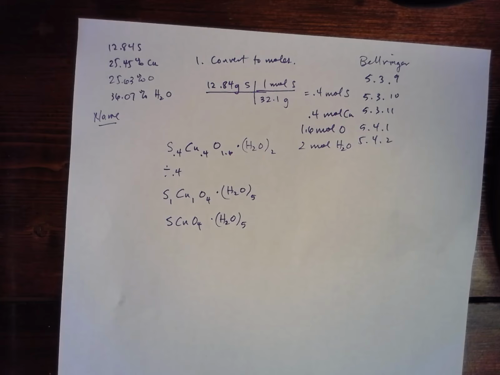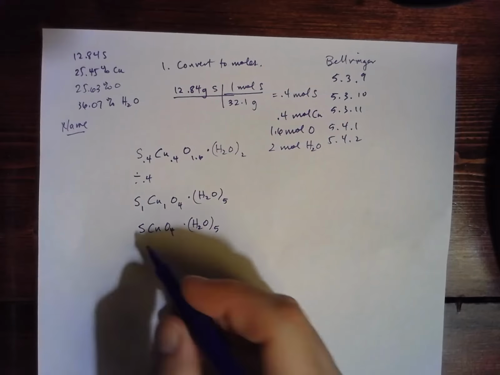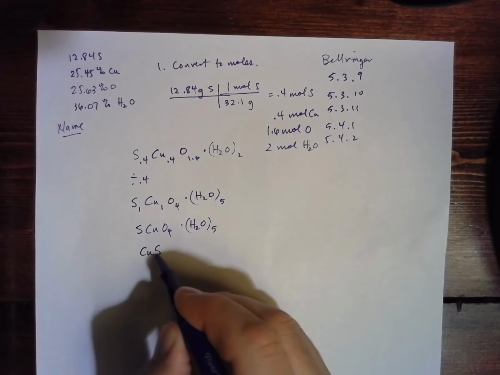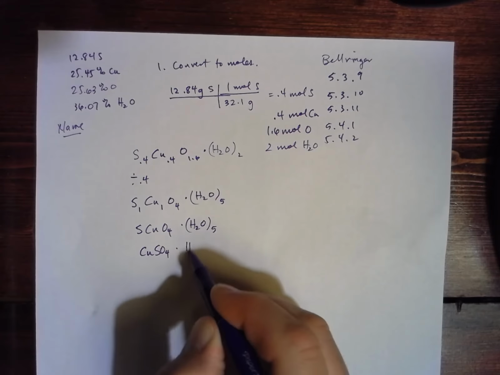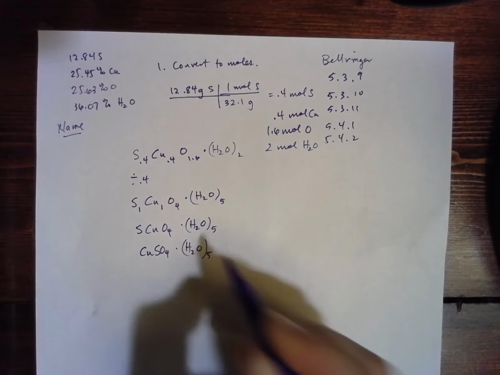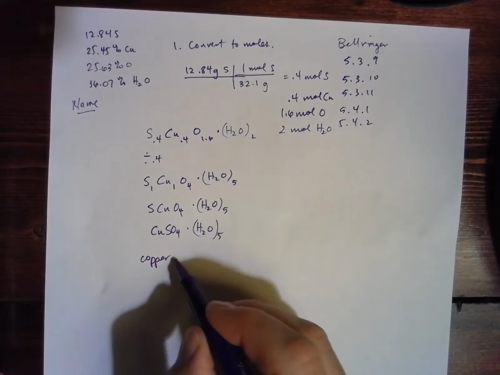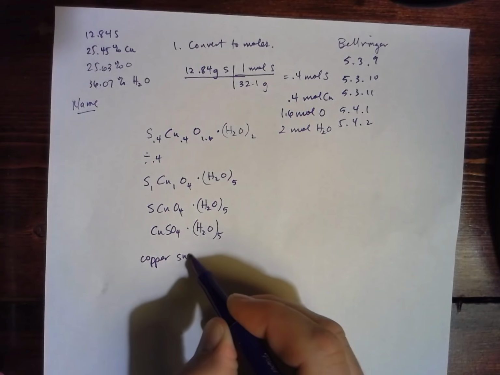There is no copper anything on that list, but there is an SO4. Okay, so this is a copper SO4 H2O 5. So this is a copper sulfate.